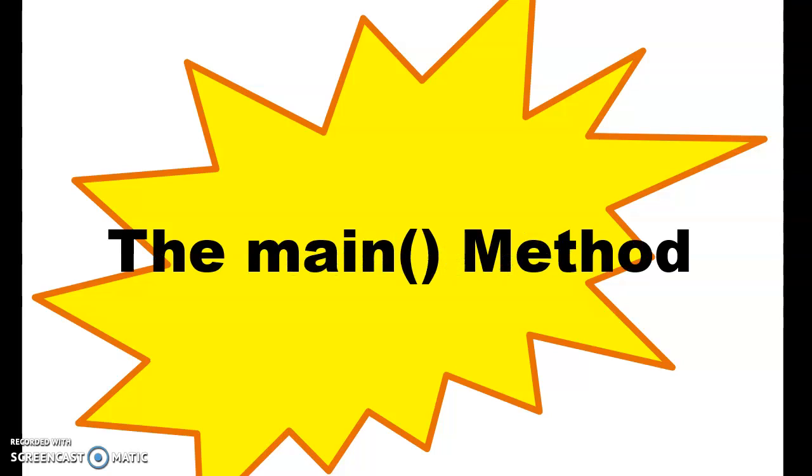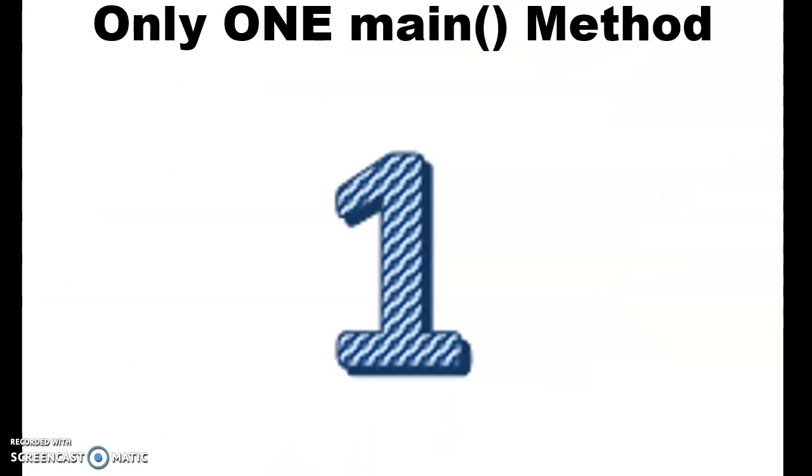Okay, the main method. One thing I want to address, and this goes to all of our programming practice activities and all application activities. When completing the application activities of a programming assignment, you'll need to make modifications to your program's main method.